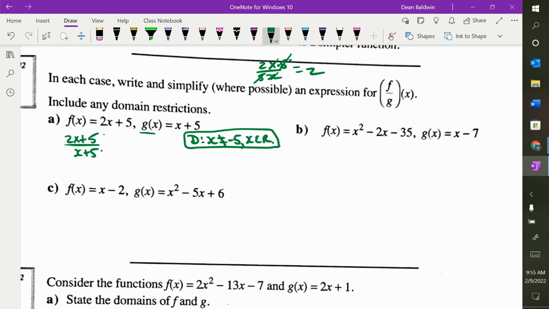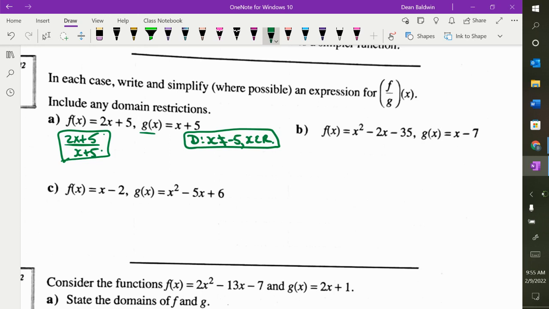But if it's an addition or subtraction sign, that means they're separate terms, you cannot, okay? So you actually cannot simplify this. That is simplified. Can't go any further. So it's just 2x plus 5 over x plus 5 with a domain restriction of x cannot equal negative 5. Is that okay?